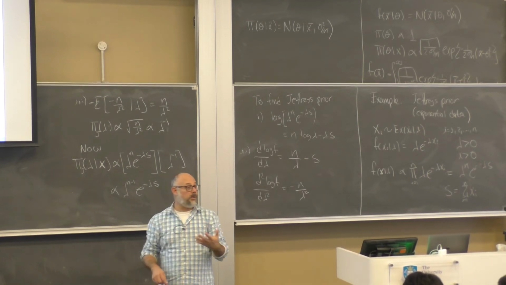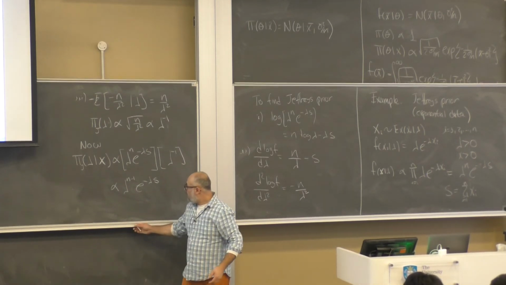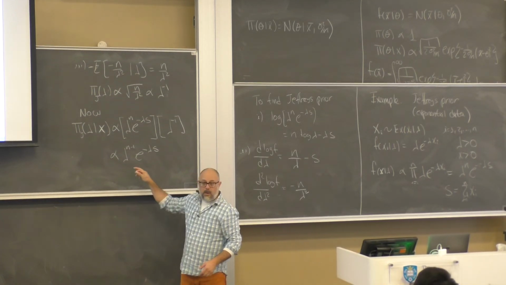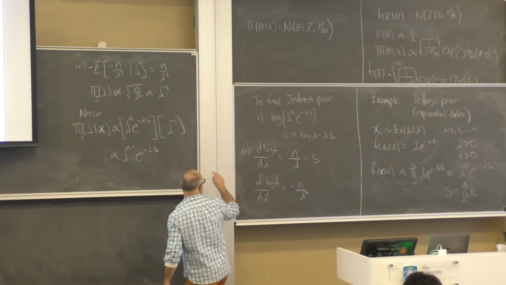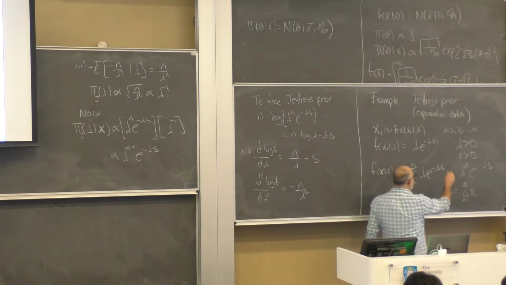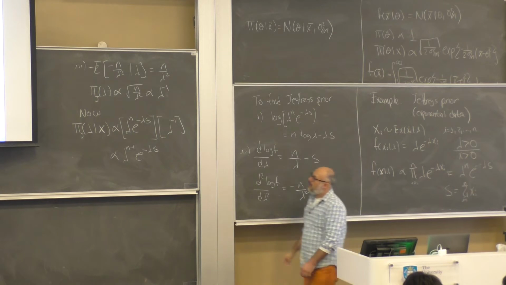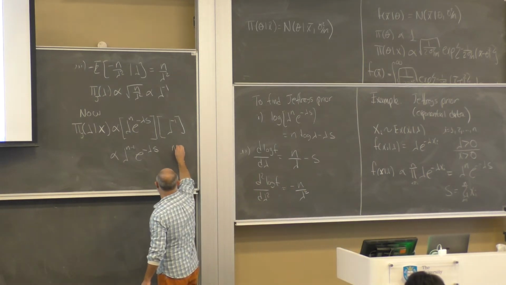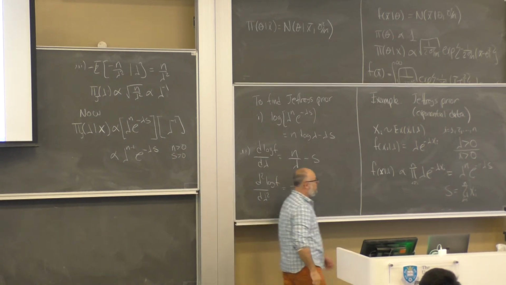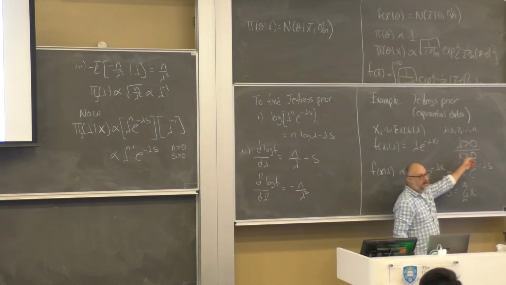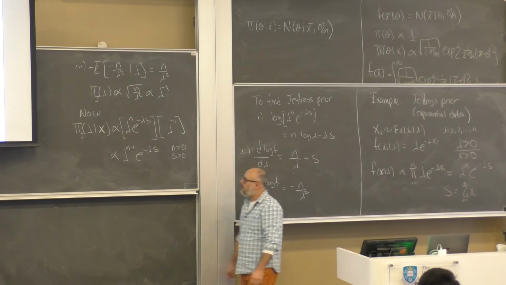I will do the same here. If you look at your handouts on distributions, lambda is larger than 0, n is larger than 0, that's the sample size, and S is larger than 0. S is the sum of the xi's, each xi is larger than 0, so the sum is larger than 0, right?